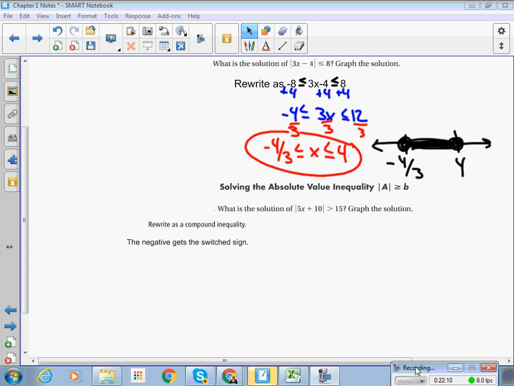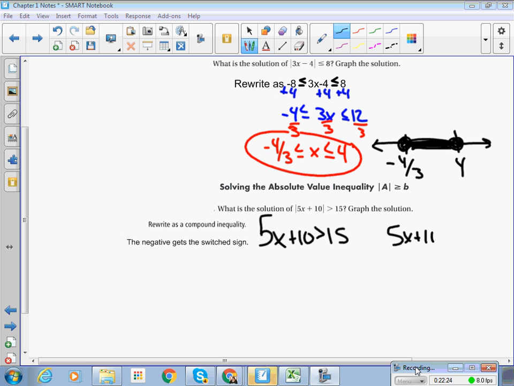So we're going to write one version of it, and then for the negative version, we're going to flip it. So in this case, we do the 5x plus 10 greater than 15. And then when we take into account the negative 15, we are going to switch that sign.